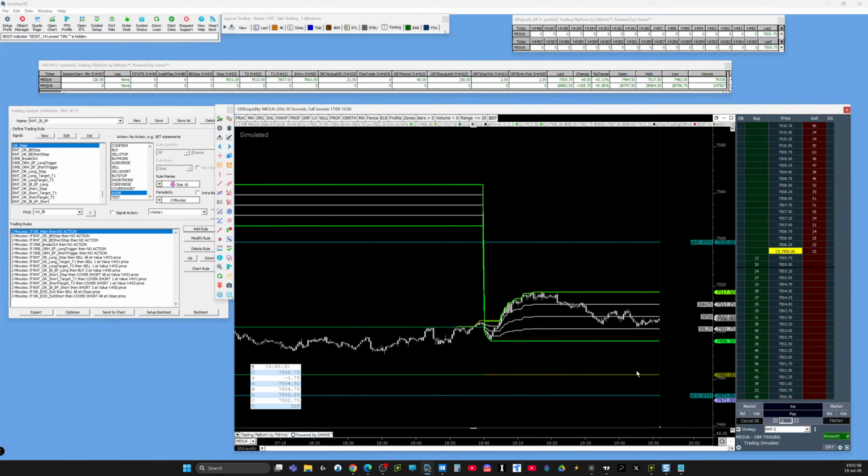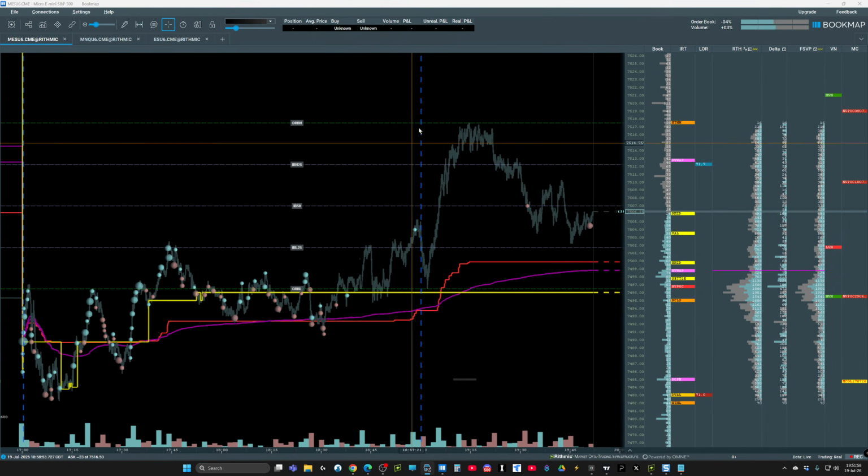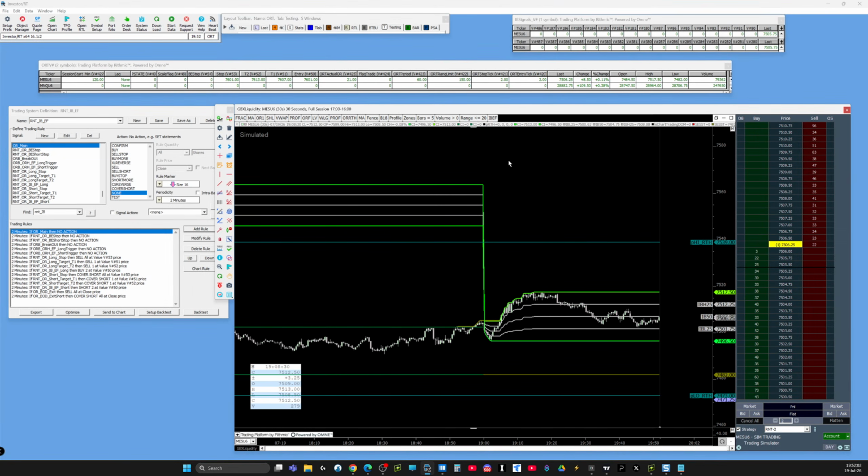You'll see it looks pretty familiar, right? In the daytime, in the RTH session, this trades. I could change it in the code, but why bother? I don't care about forward testing in the ORB.